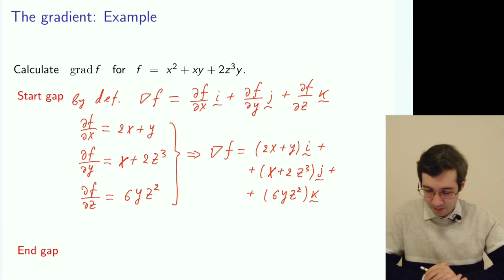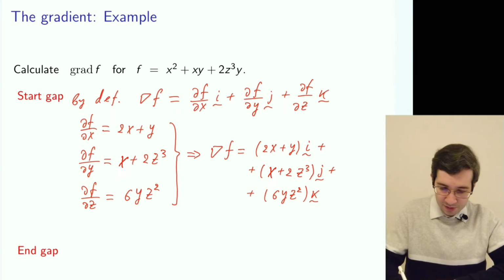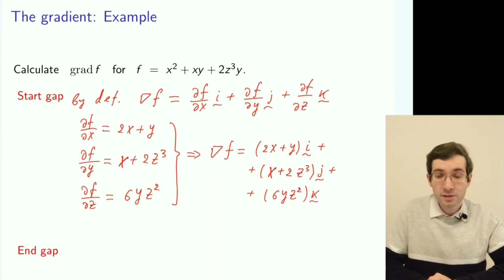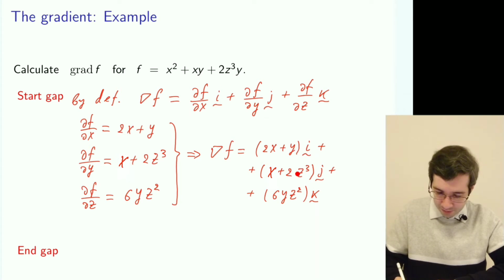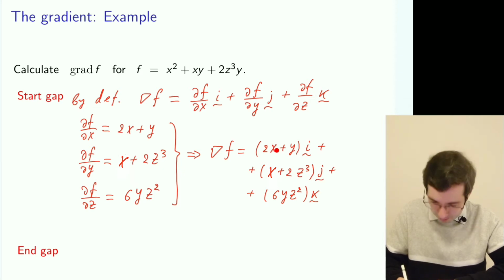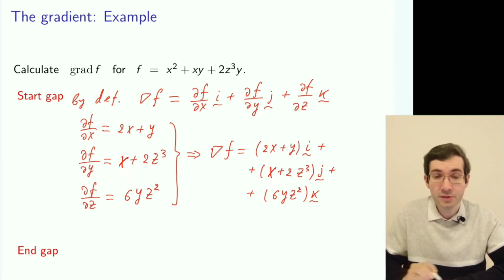Okay, so that's the result of this operation. So we got the scalar field, and we got, as a result of it, the vector field with the three components, which will depend on x, y, and z, right? So it will be different at different points.